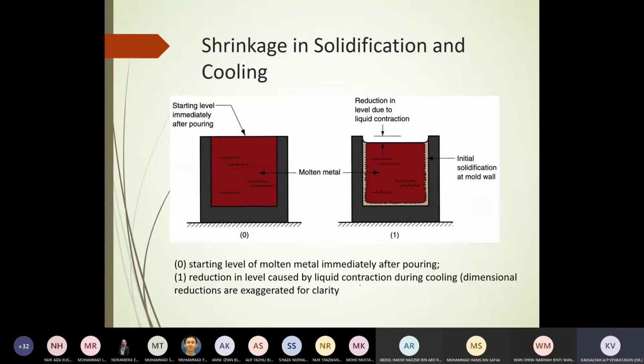Reduction in level caused by liquid contraction during cooling, which reflects the dimensional reduction. So this is basically exaggerated over here to show you the clarity of what happens. So in a casting process, this is usually not very obvious to our naked eyes.